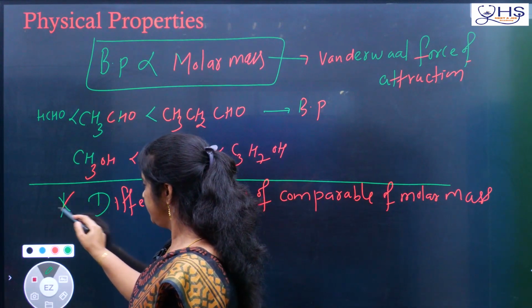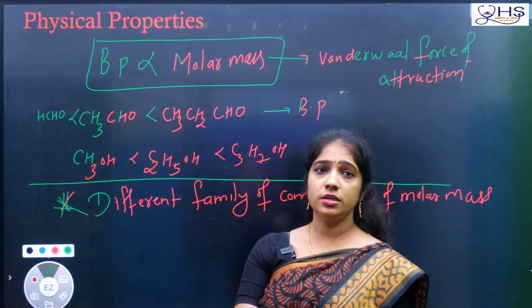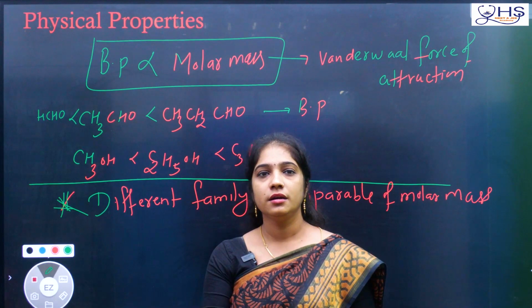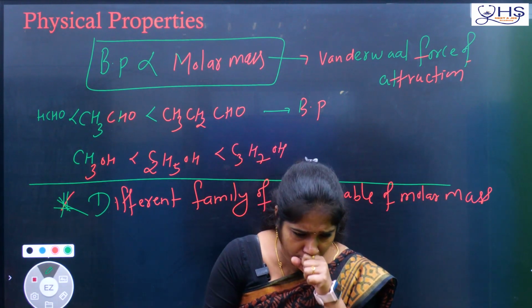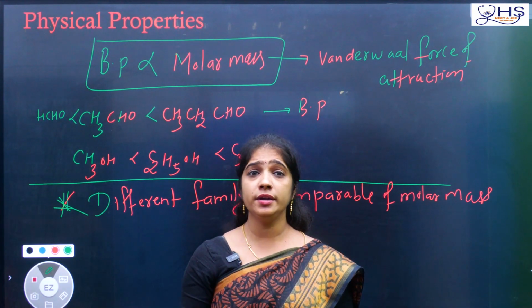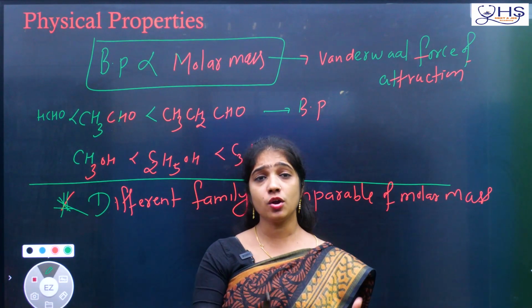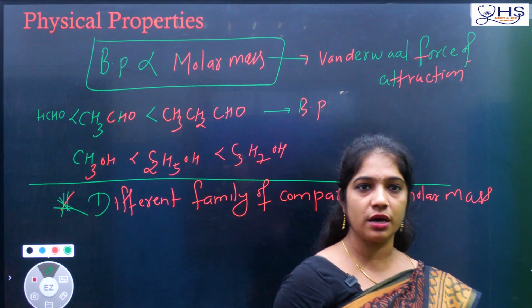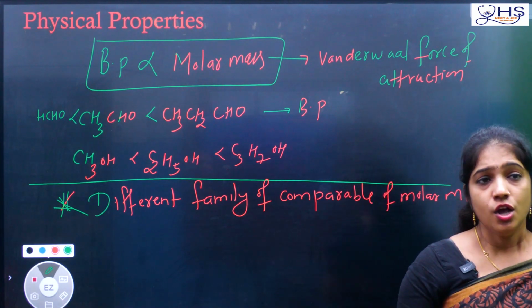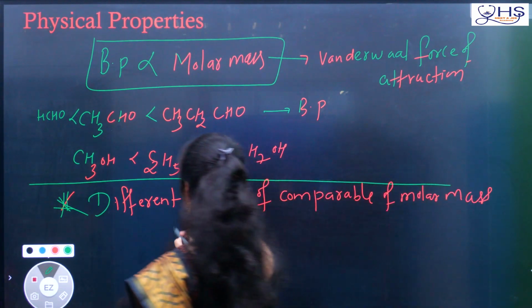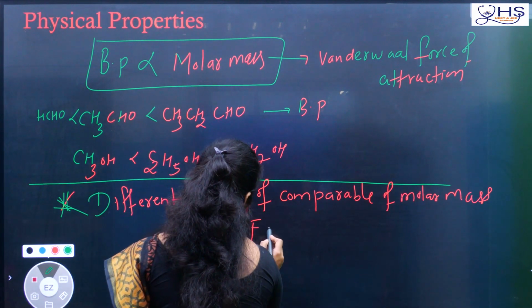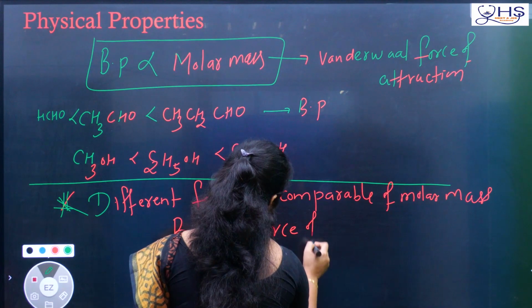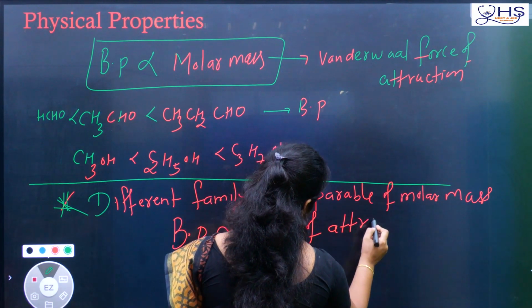You might have seen in the previous year question bank: why does ethanol have more boiling point than methoxymethane? Why do amines have more boiling point than ether? Why do alcohols have more boiling point than hydrocarbon? And so on. The reason here is that boiling point is directly proportional to force of attraction.